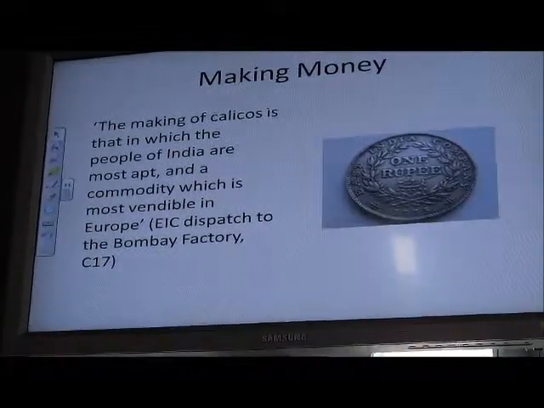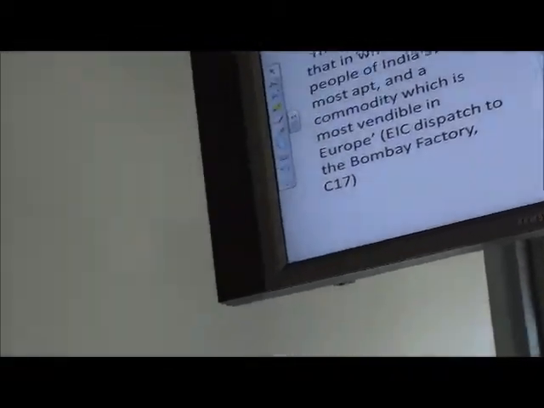So they recognise that the skillful artisanal labour in India might be a very good money maker. And of course they want to make money themselves. They don't want the money to go to the artisans. It becomes part of a thoroughly colonial process.